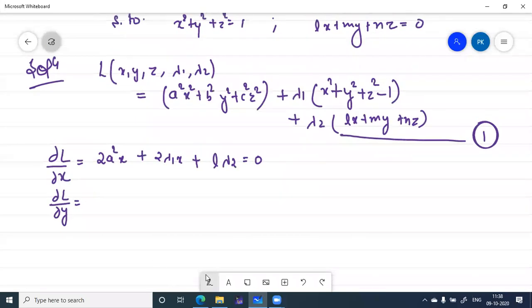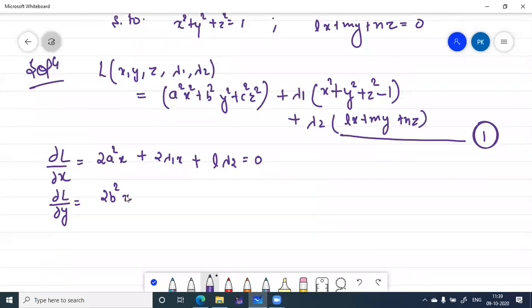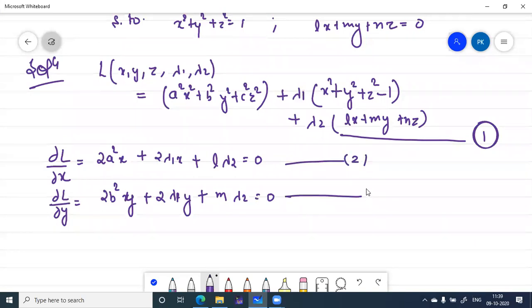Then 2b square y plus 2 lambda 1 y plus m lambda 2 equated to 0. This is equation number 3.